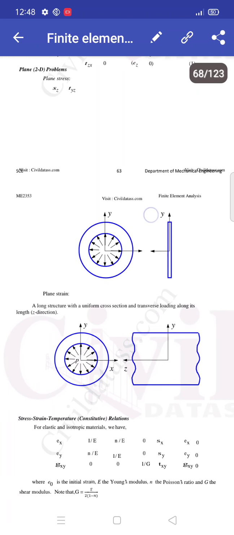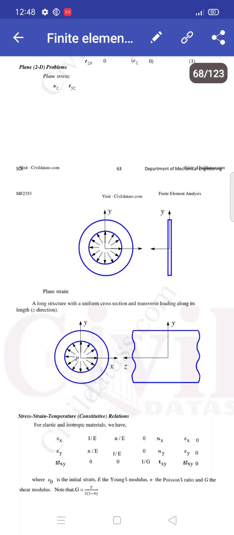Then a long structure with uniform cross section and transferring load along its length, that is the z direction.